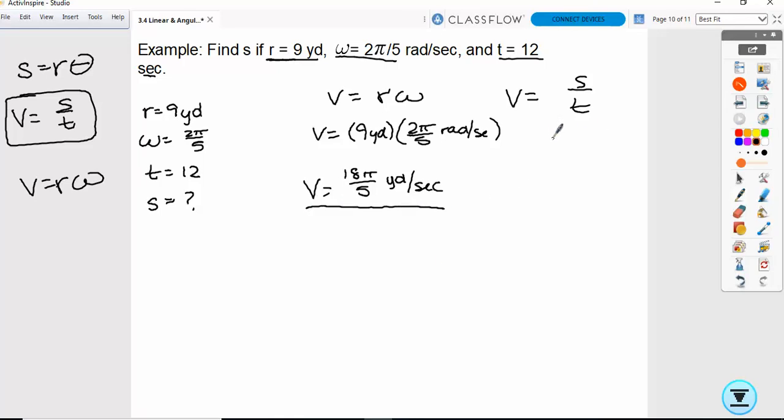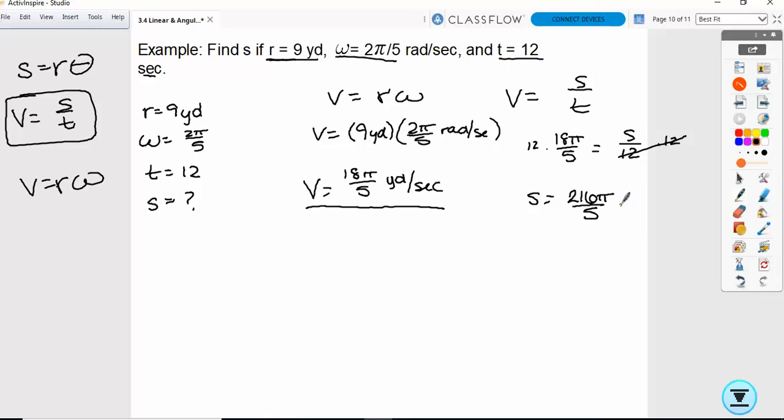So now we have V, so now we can do V equals S over T. So 18 pi over 5 equals S over 12. So we get 216 pi over 5.